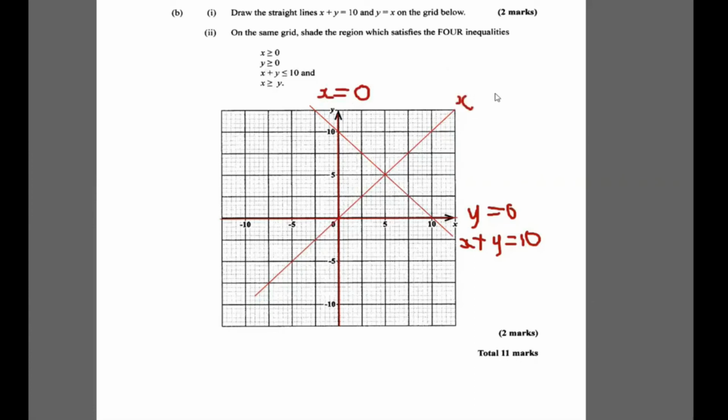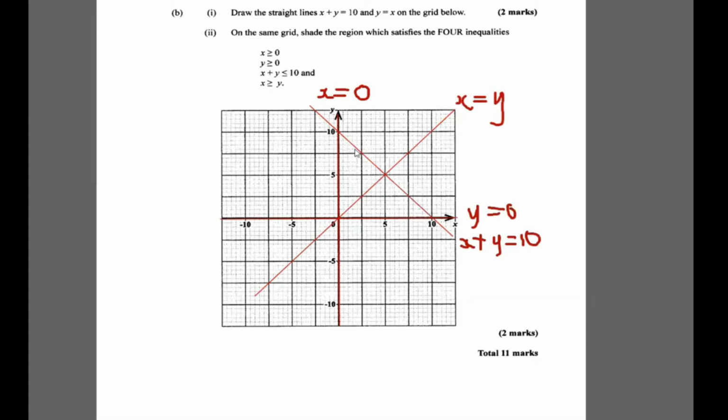Now look what they're asking us now. They want the part of the solution where x is greater than 0, meaning only positive, we're in the first quadrant. y greater than 0, again, in the first quadrant. x plus y is less than or equal to 10. That would be all of this right here.